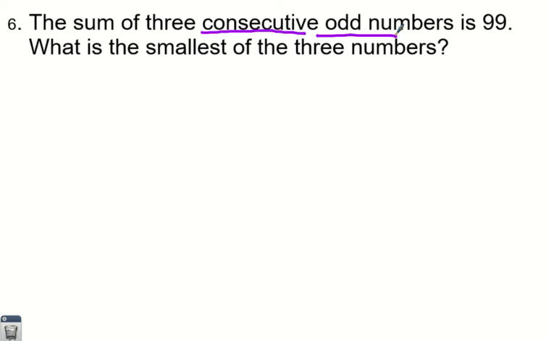Like 11, 13, 15. Or 5, 7, 9. Or 21, 23, 25. Odd numbers that are consecutive, they all are in a row.